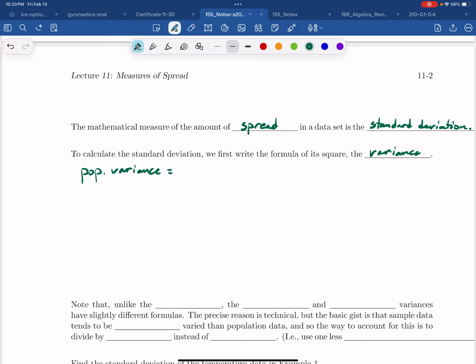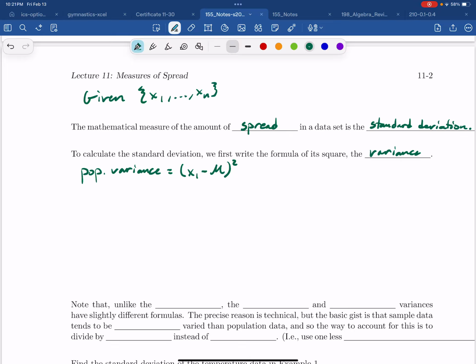Given a data set, x1 through xn, n distinct values, this is going to be x1 minus the population mean, and then we square it.